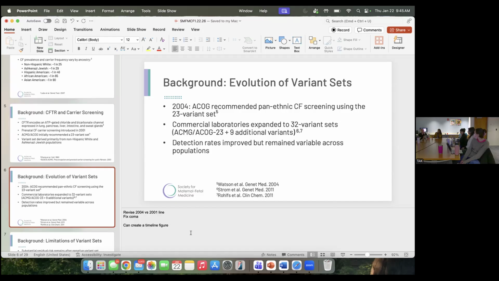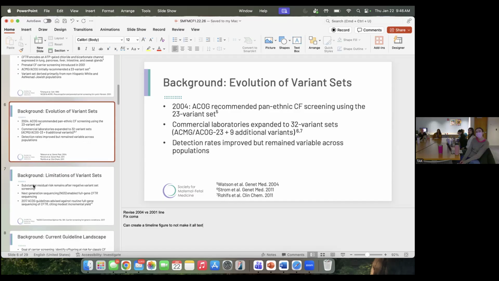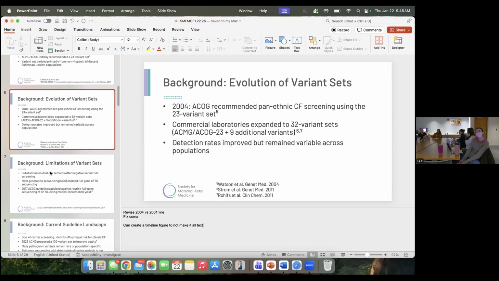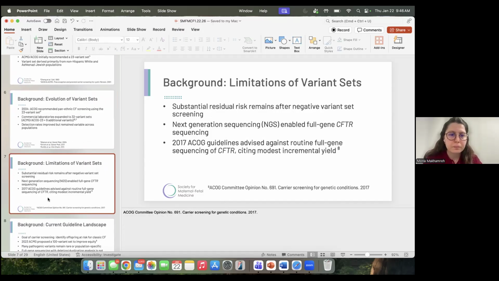It's just a way to make it so it's not only text, because this is a very text-heavy presentation. The next 3 slides could be presented graphically that way. If you use SmartArt in PowerPoint, it's pretty easy to make it look like that. Thank you. Yeah, that's actually helpful.